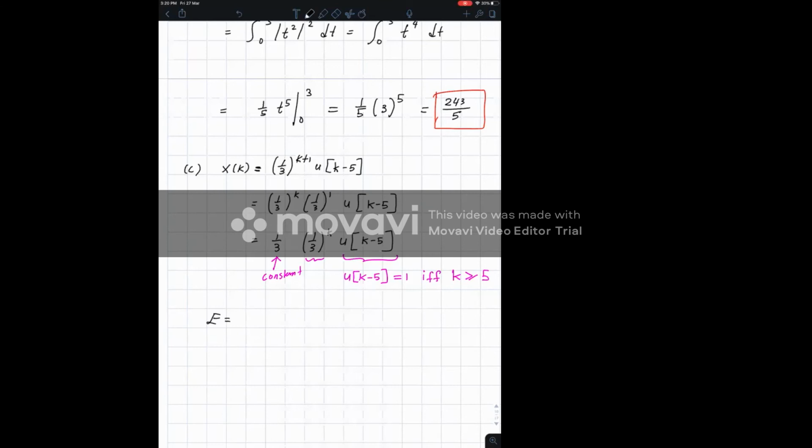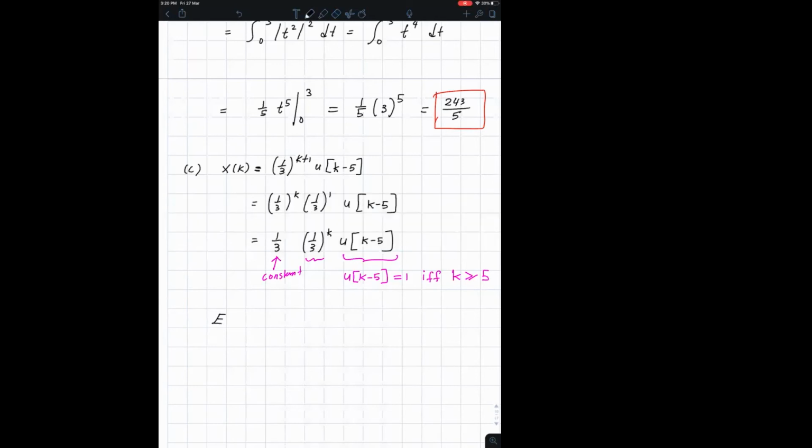We had a different formula for continuous time signals. Energy in a discrete time signal, E, we have a different formula here.